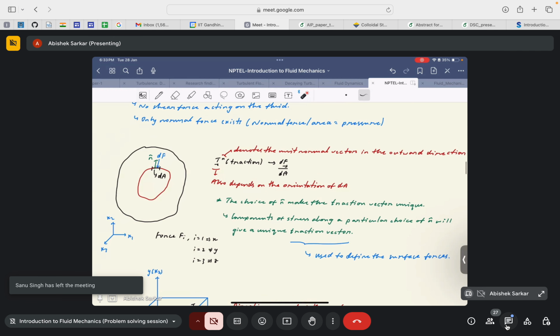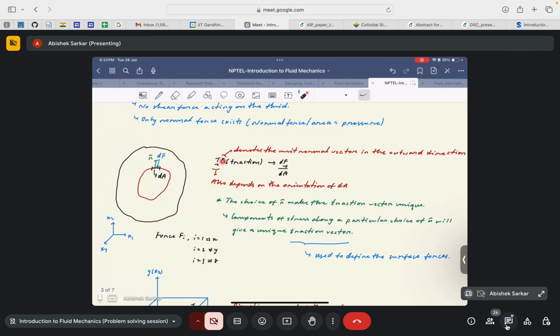But as was discussed by Professor Chakraborty, this traction vector is unique in the sense that its value is not only dependent on the magnitude or direction of the force, but it is also dependent on the orientation of this area dA, where the orientation comes into the picture through the normal vector of that particular area.